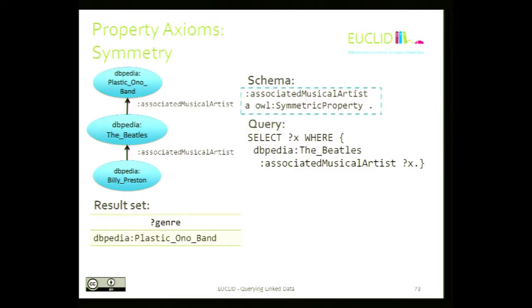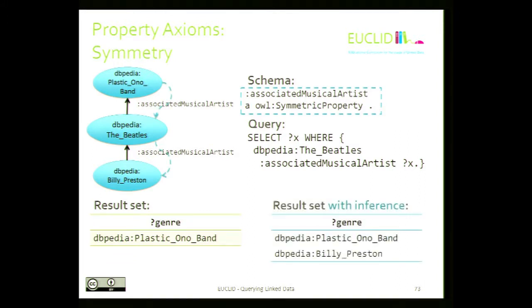So if we query to start with, without entailment, for who's associated from the Beatles, we just get the Plastic Ono Band in this top one. But if we say that it's symmetric, then all of these 3 things are related to one another. So as well as the Beatles being associated with themselves, they're also associated forward with the Plastic Ono Band and forward by the inferred statement that turns this around with Billy Preston.